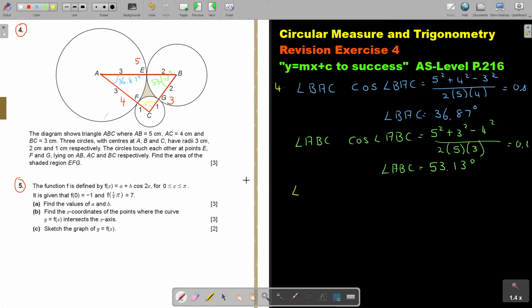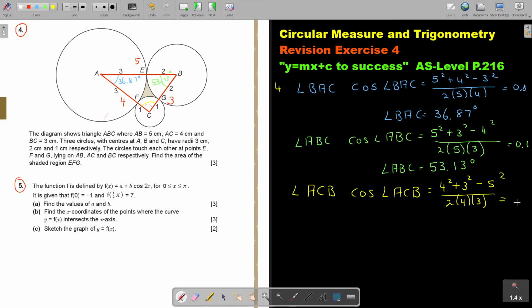Now I'm going to go for my yellow, angle ACB. Again it's cos angle ACB, and that is going to be 4 squared plus 3 squared minus 5 squared, divided by 2 times 4 times 3. Pressing that on my calculator, that's interesting, I'm going to get exactly 0.